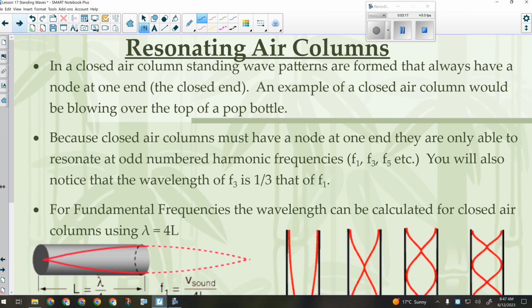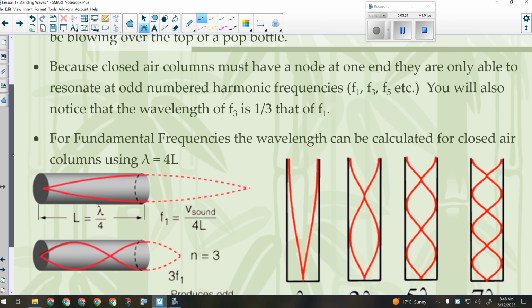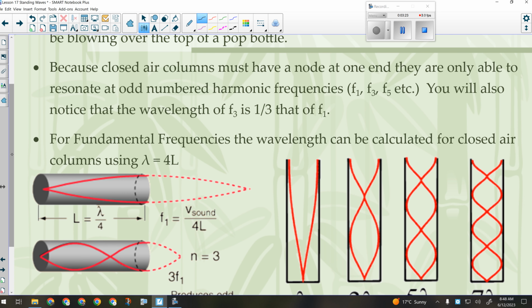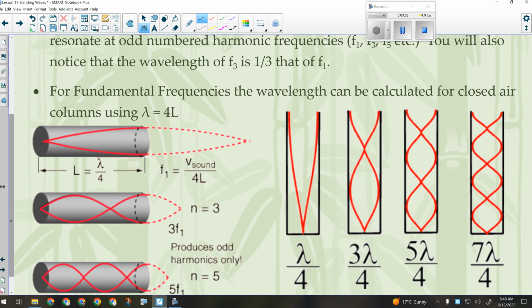Now, closed air columns work a lot differently than open air columns. The first loud sound, or antinode, that I would hear with a closed air column happens when the length of the column is 1/4 of the wavelength, because an antinode is 1/4 of a wavelength from the node.